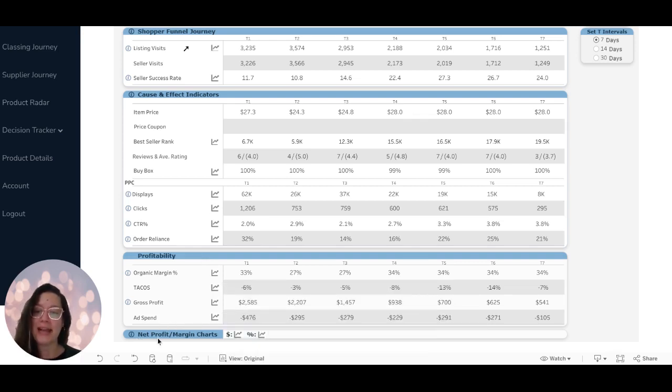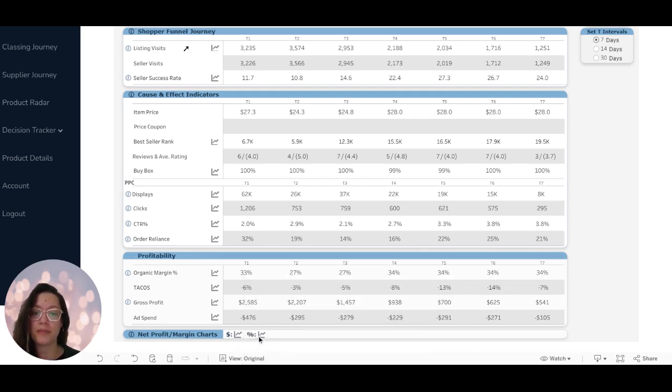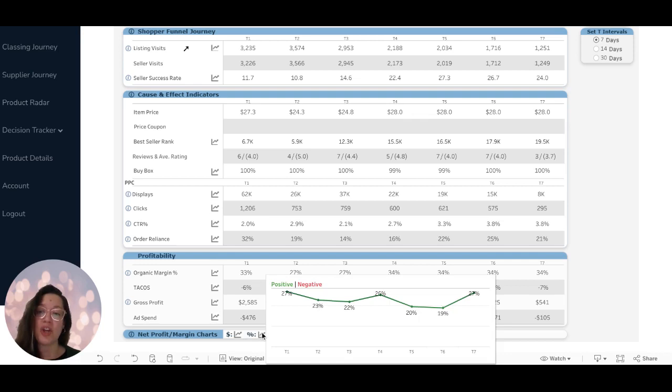And then we have the net profit and net margin charts, which show the profit and margins after PPC. By hovering over the graph, you can see the dollar amount after PPC has been taken into account. And the next graph shows the same thing in percentage form. The profit margin after PPC.